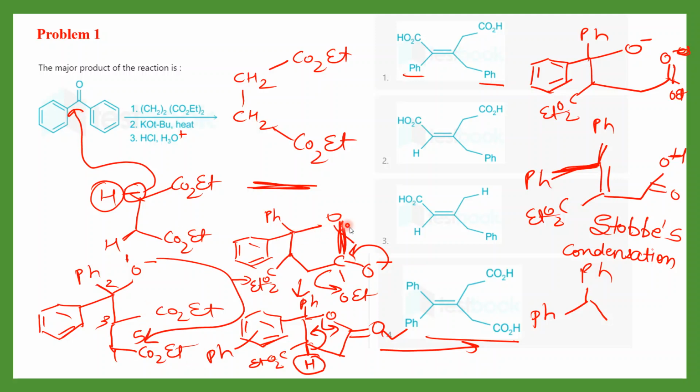After attacking, this O negative will form a 5-member ring by intramolecular attack on this ester. Then this acidic hydrogen is deprotonated by the base, and it will open this 5-member ring and result in formation of this acid. Clear?